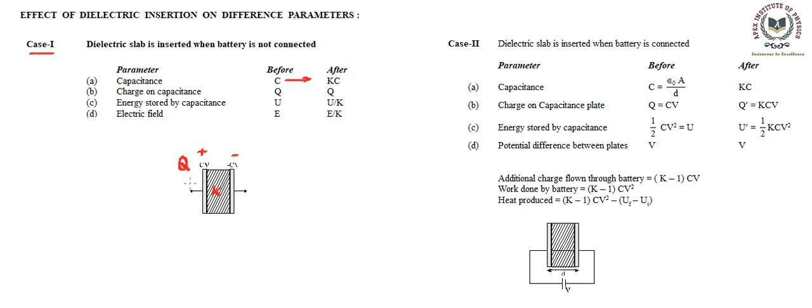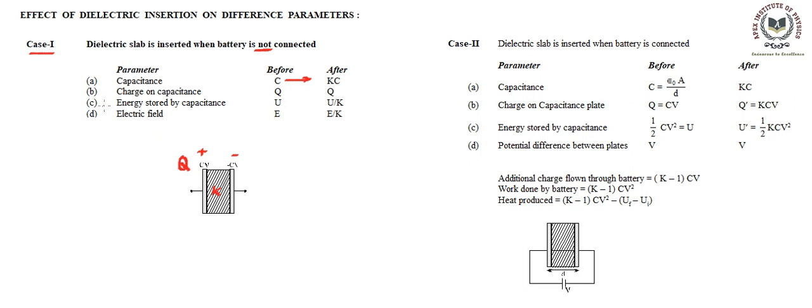So when the capacitor is not connected with the battery, the total charge on the capacitor remains conserved. So Q will remain Q. So there is no change in the charge, an important parameter.